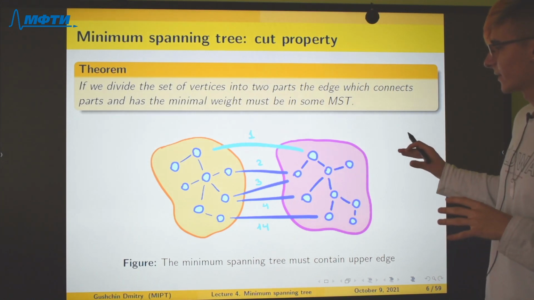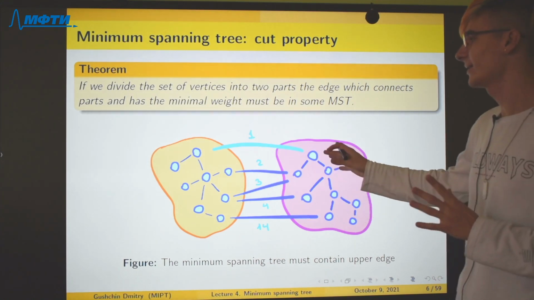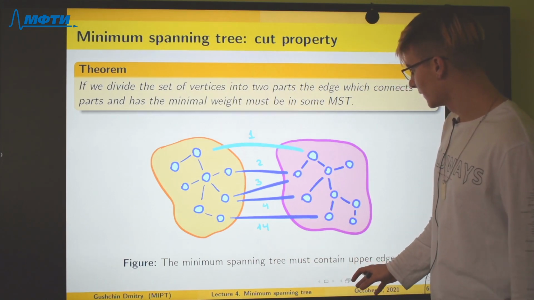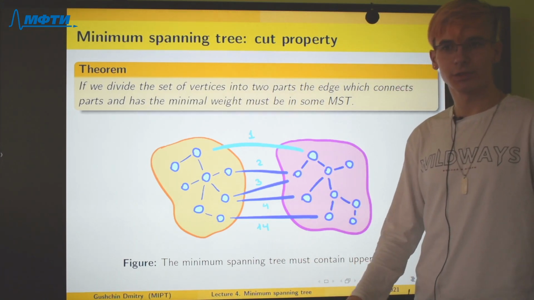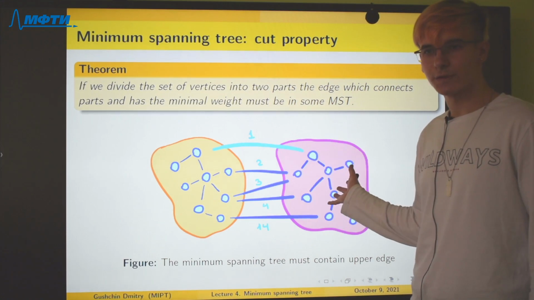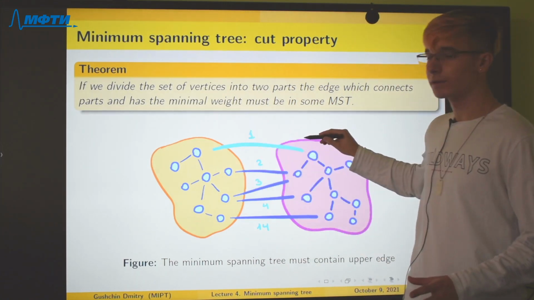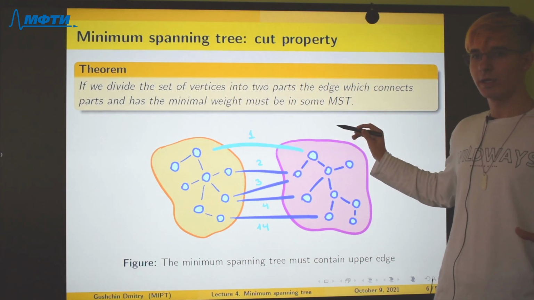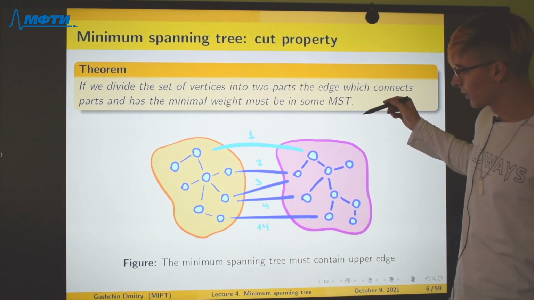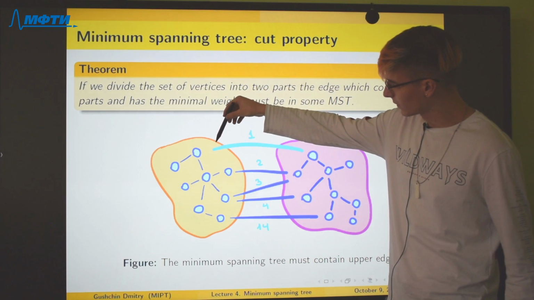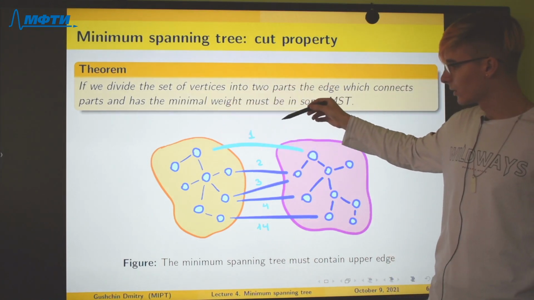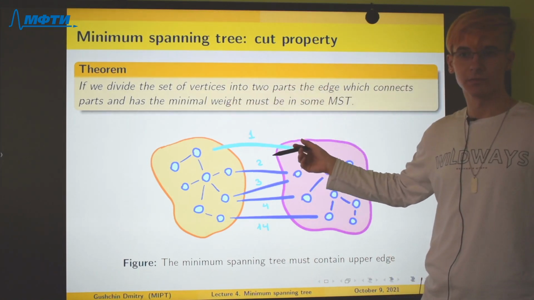We said that a cut is a partition of the set of vertices into two sets, set A and set B. And edges that connect one set with the other will be in the cut.